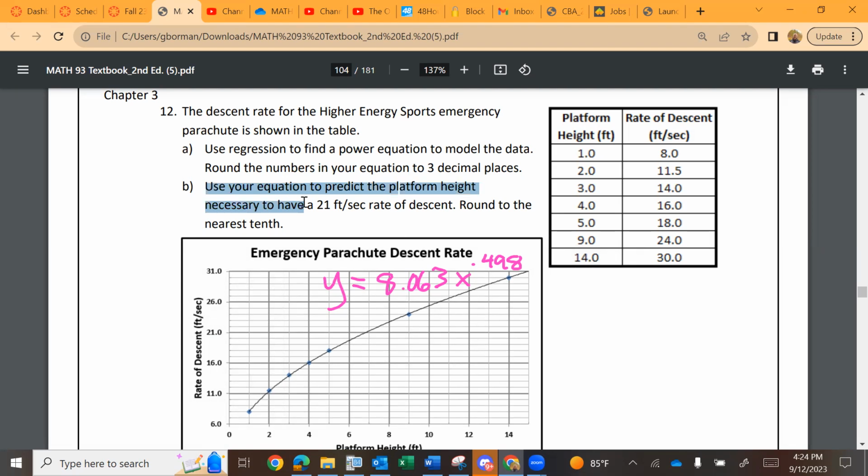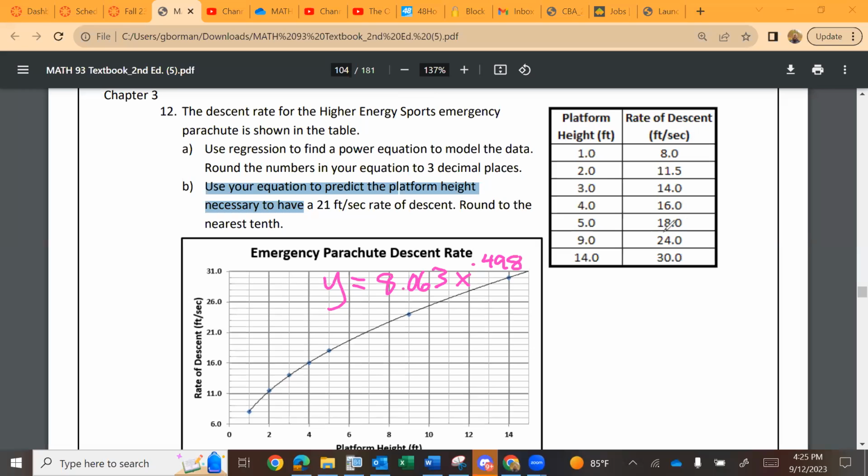Okay, part B. Use your equation to predict the platform height necessary to have a 21 foot per second rate of descent. Round to the nearest 10. Well, 21 feet per second, that's a y value that they're giving us.